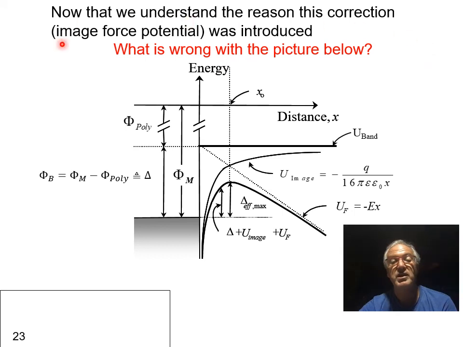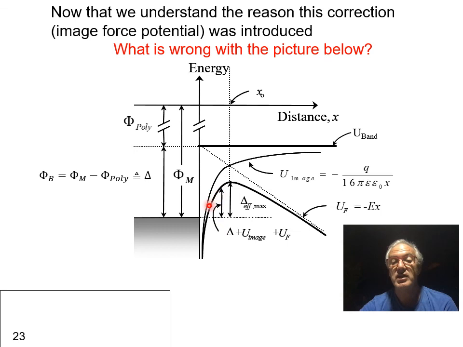And if you paid attention to what I've said, you probably missed the reason why this picture is wrong. Because what we did is we drew this line using this potential, and this potential assumed that the charges are really separated, so the charge density is not really high.